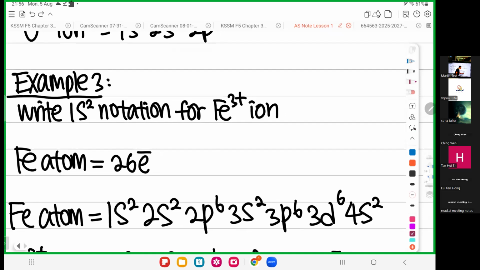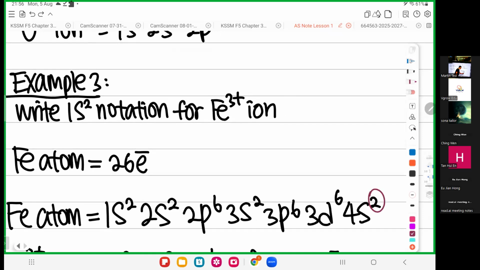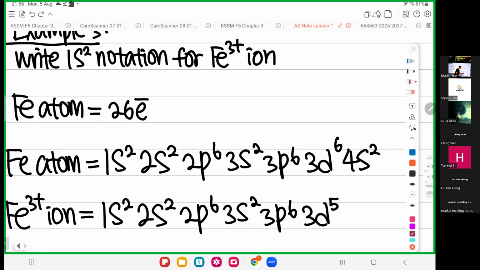So where do you donate 3 electrons? The first 2 electrons throw from here. After that, throw 1 more, from here. Here got 6, you throw 1, you become 5. After throw, I get this whole thing. Do I need to beautify? No need, because nicely, first floor, second floor, third floor.